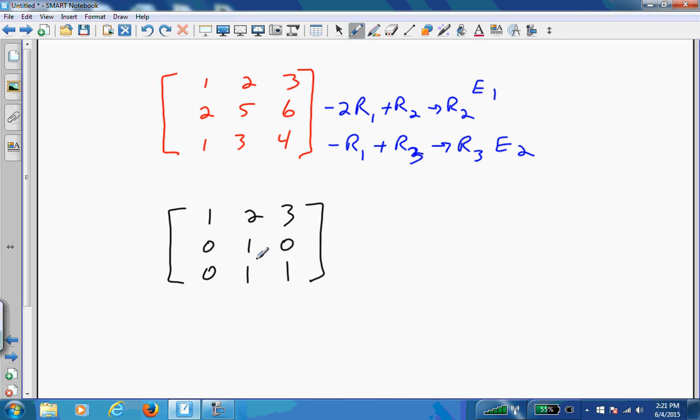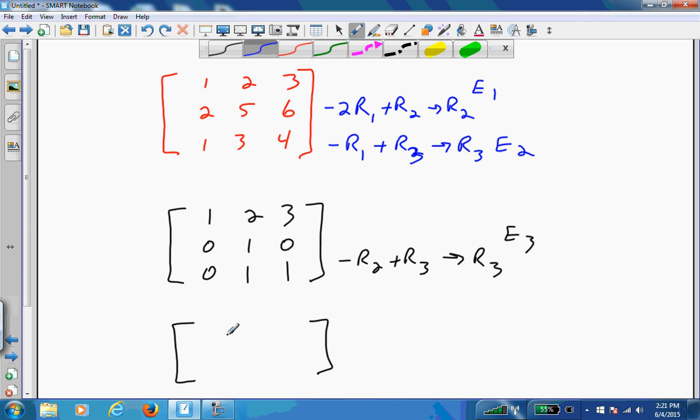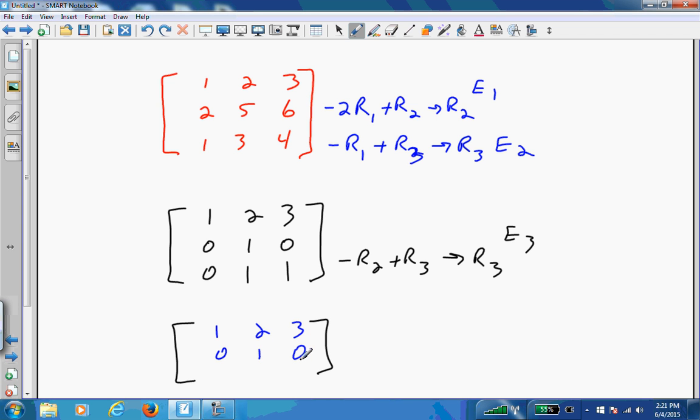So now we need a 0 here. So the opposite of row 2 plus row 3 will give us our new row 3. So let's call that E3. So first row, same. Second row, the same.